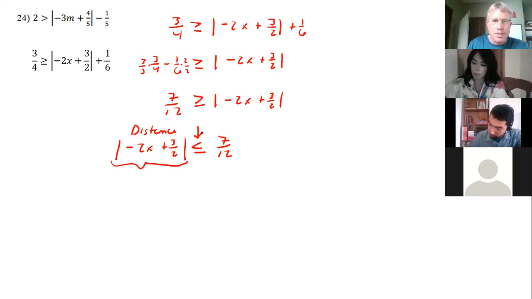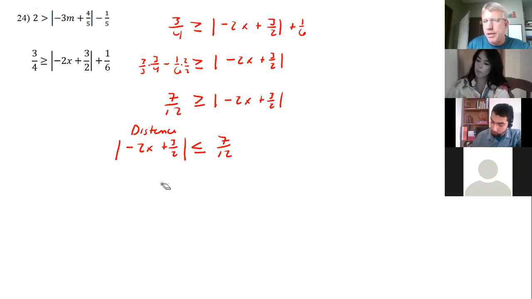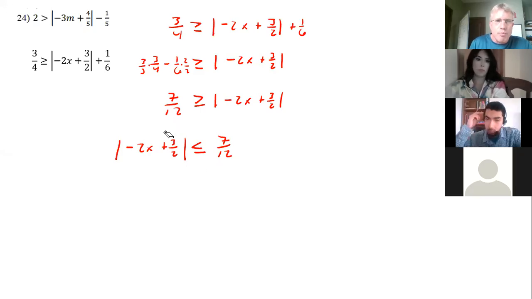If I wanted the distances to get further from 0, I would say let the distances be greater than this number, right? This number is saying how far from 0 the boundary is, and then do I want the distances to be less than the boundary number or greater than the boundary number? So the moment that you know that the distances are going to be closer to 0 because of the less than symbol, it's a 3-part inequality.